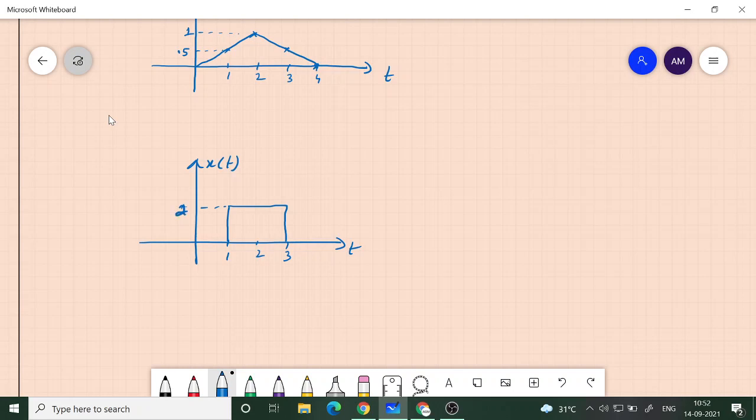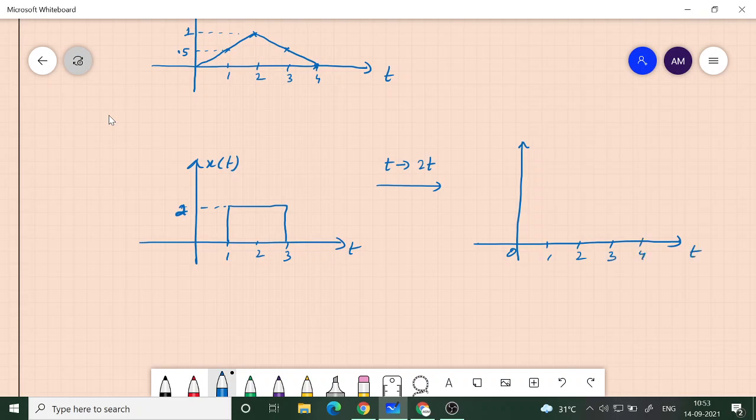So this is our x of t. Now if I want to do the transformation, what do you want, stretching or compressing? Compression. So that means 2t. So here there is 0, 1, 2, 3, 4, etc.